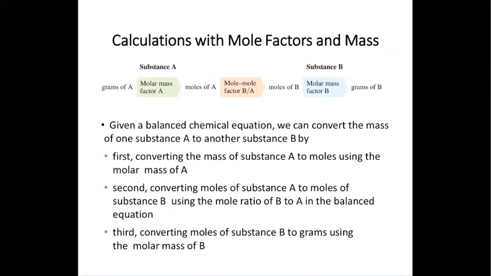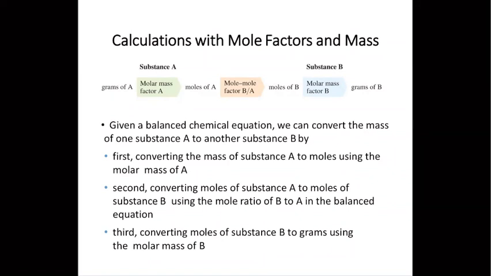Whatever the question is asking you to relate, okay? So substance A can be a reactant, substance A can be a product, substance B can be a reactant, substance B can be a product. It is not determined that substance A needs to be a reactant or substance B needs to be the product, because in chemical reactions, we can relate two components overall, okay?